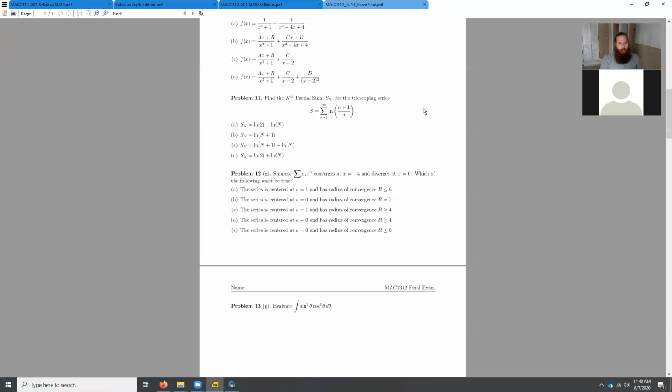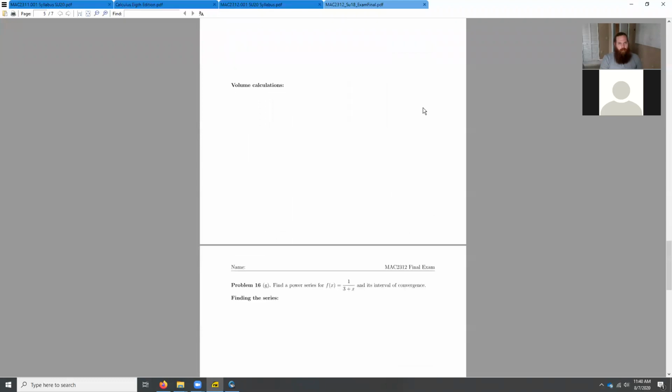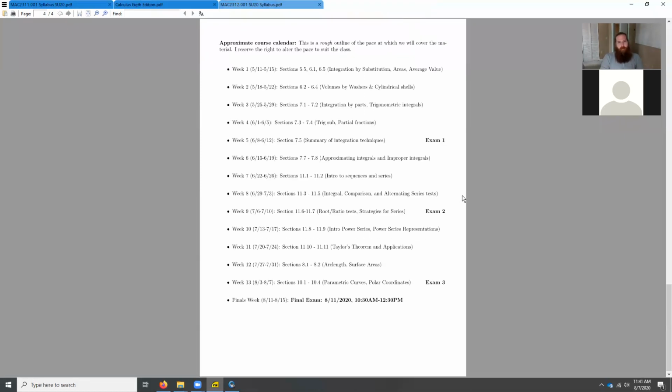I think I had a total of, it's like 12 true, false, multiple choice, and then 18 questions altogether. Yours will probably have a little bit less because we're doing it online, and I know that this whole procedure is a little bit annoying and takes a little bit more time, but somewhere in the 15 to 20 range probably.